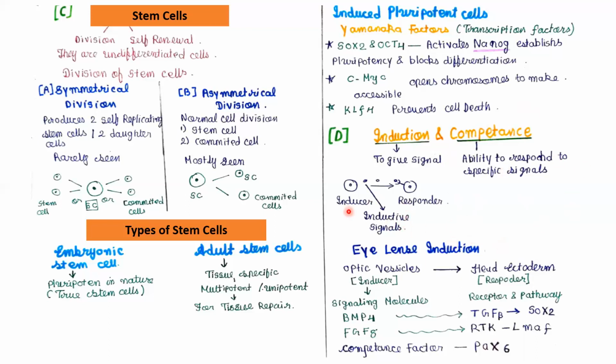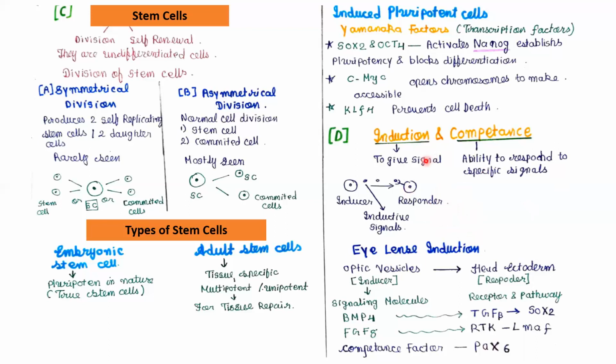As seen in this figure, inducer cells send inductive signals to the responder cells, and after the responder cells receive this signal, certain downstream processing is done, and particular transcriptional factors or other things are activated.